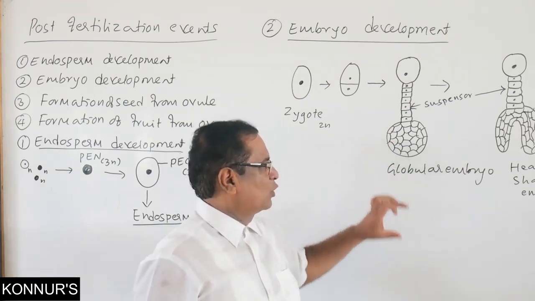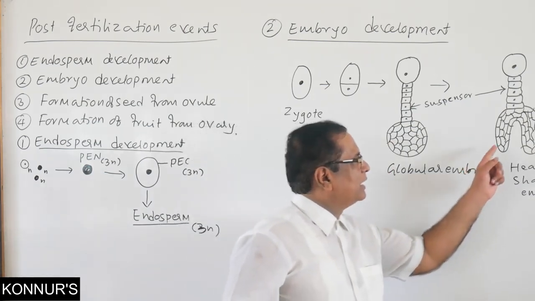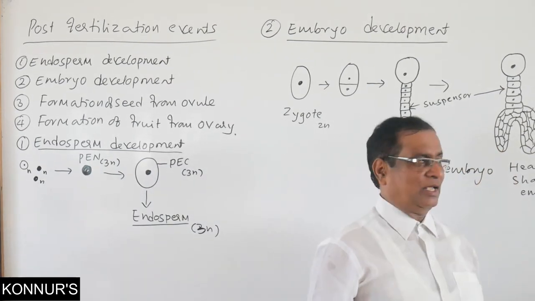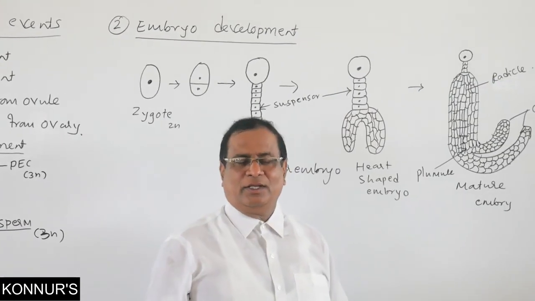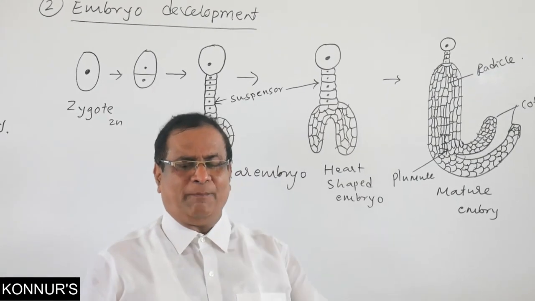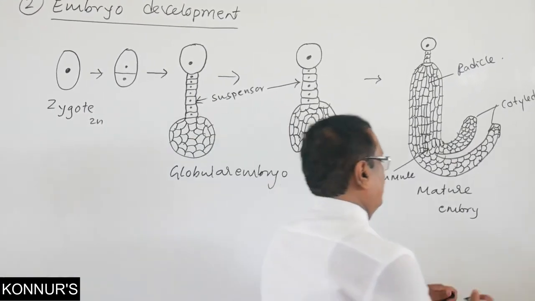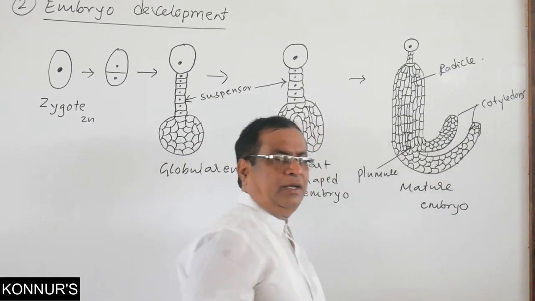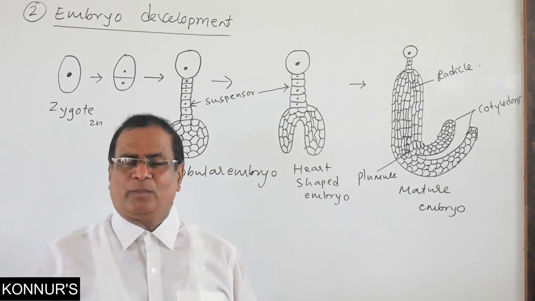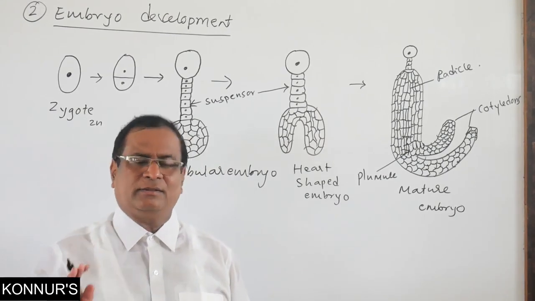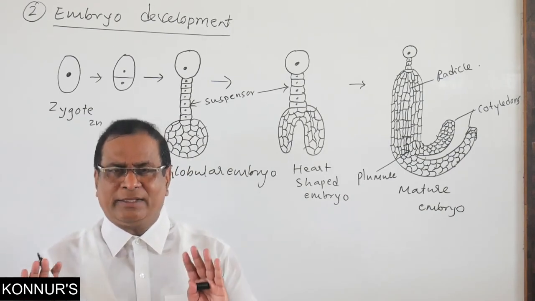And this globular embryo gradually becomes heart-shaped, and finally it gives rise to a mature embryo, and it may be a monocotyledonous embryo or dicotyledonous embryo. Starting stages are one and the same.